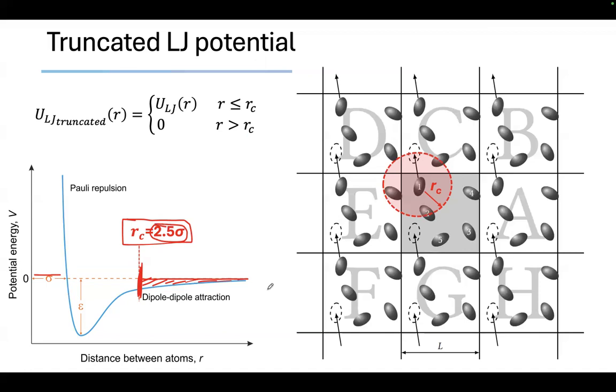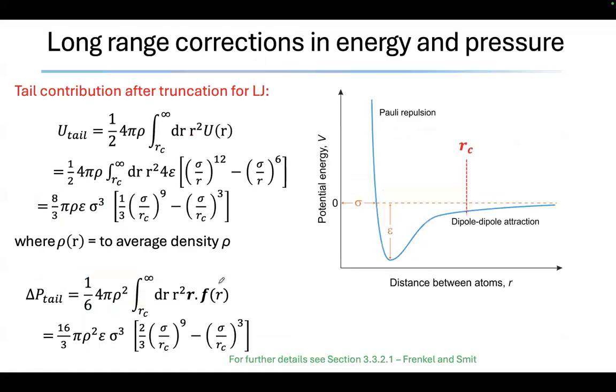So you need a way to somehow account for all of these interactions beyond the cutoff. And for this, we introduce something called the long-range corrections, for both the energy and pressure. The idea basically is that you integrate over all the distances from the cutoff to infinity, and you calculate the energy of interaction between the molecule that you've chosen and all the molecules beyond the cutoff.